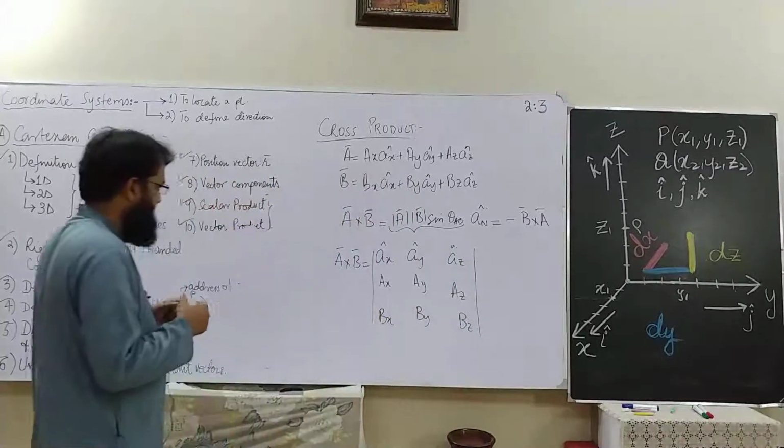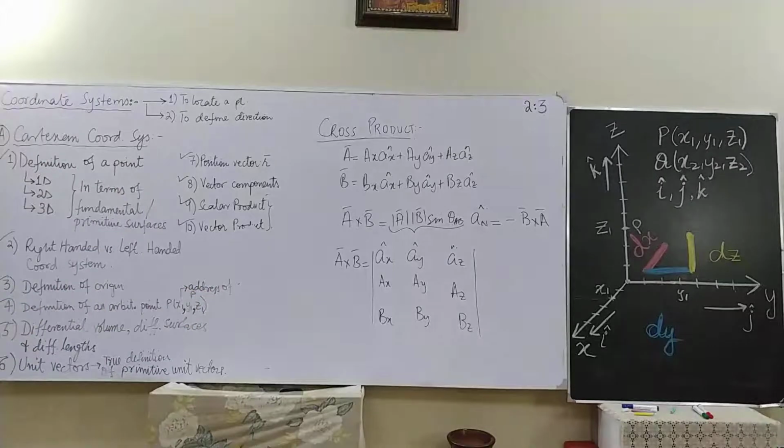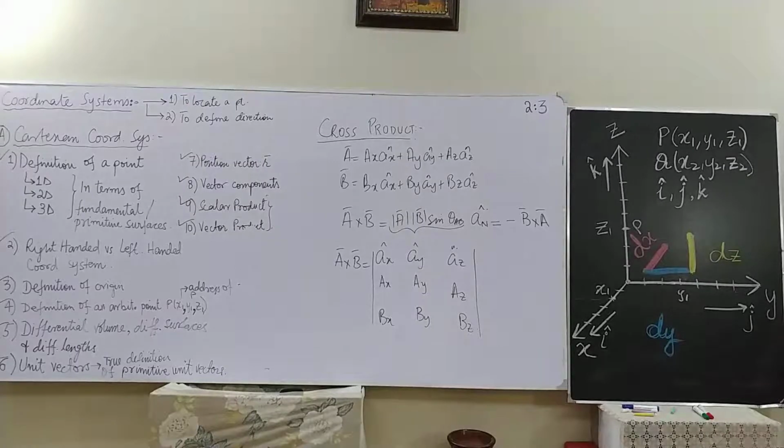You can use the vector components, just put those vector components in this matrix form and solve this matrix, and you'll get the answer. You don't have to find the angle that is theta AB or theta BA, whatever it may be, depending on the case, whether it is A cross B or B cross A.